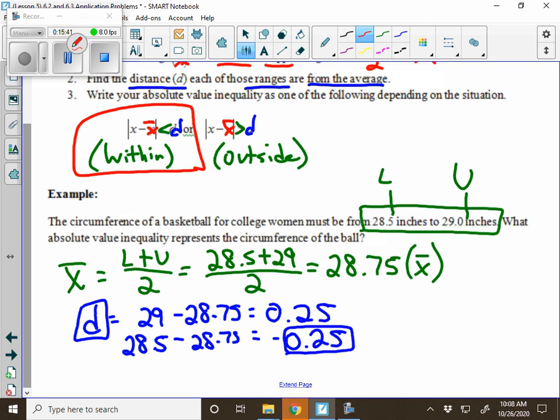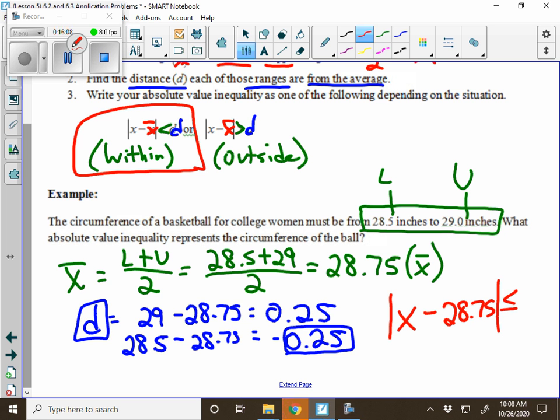For this particular problem, we want to be within. X is the actual basketball that we're measuring. We keep that a variable because we're going to have different basketballs throughout the season. They're not always going to use the same exact basketball. Subtract out that average, which is 28.75.